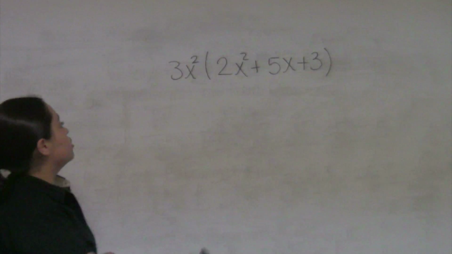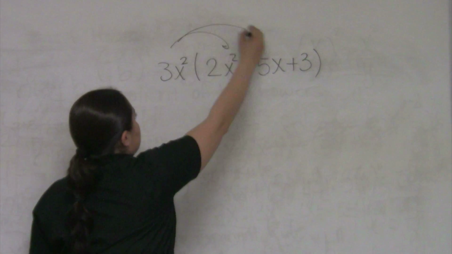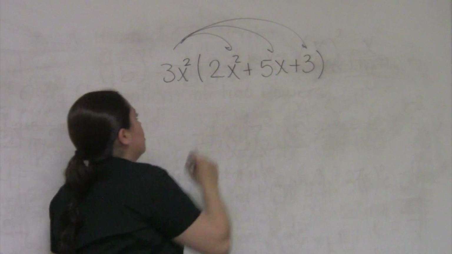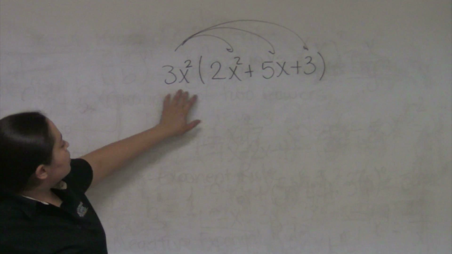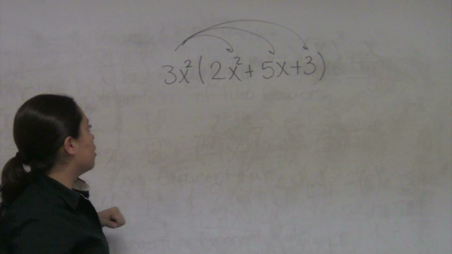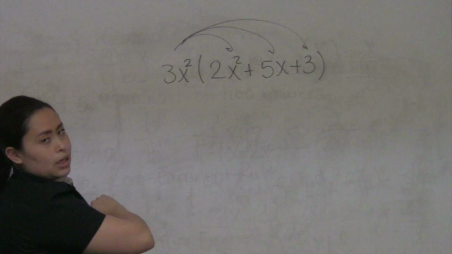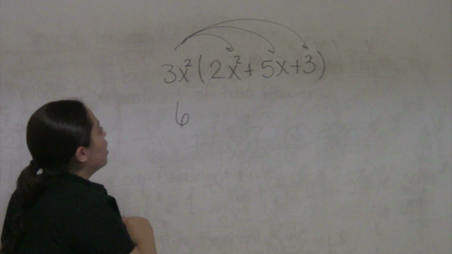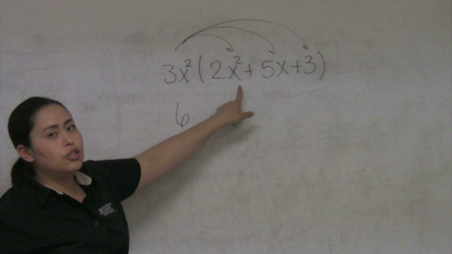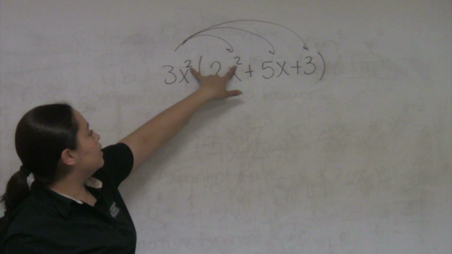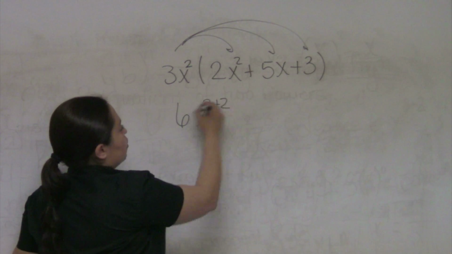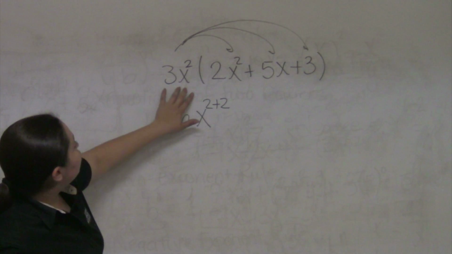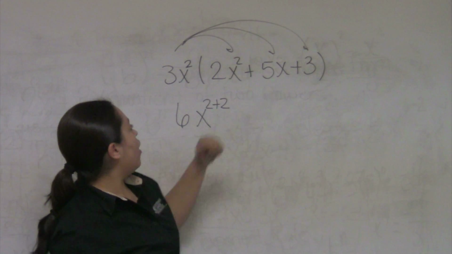Now let's move to a trinomial and a monomial. So what are we going to do here? Well, we're going to start by distributing the 3x squared. So 3x squared times 2x squared. Well, the numbers, 3 times 2 is 6. Now we have a multiplication here, so we keep the base, we add the exponents. Again, we have 3x squared times 5x.